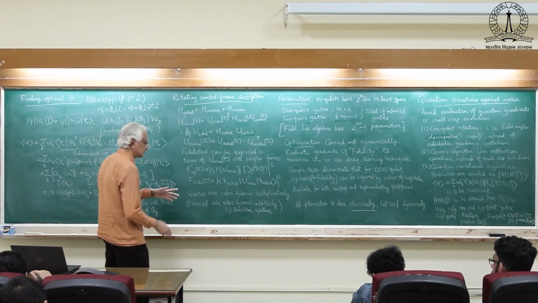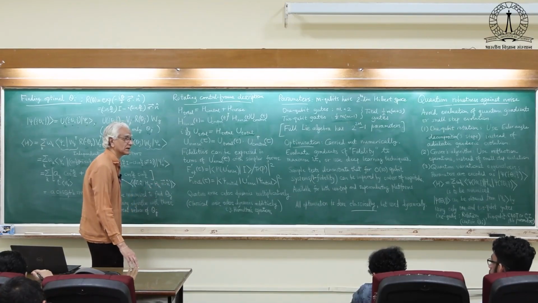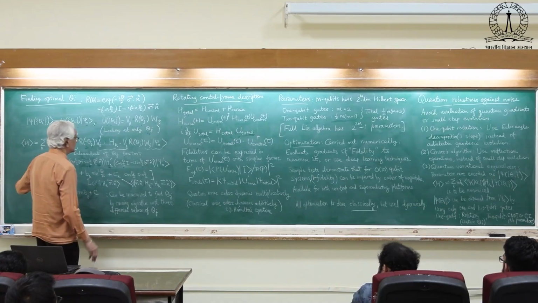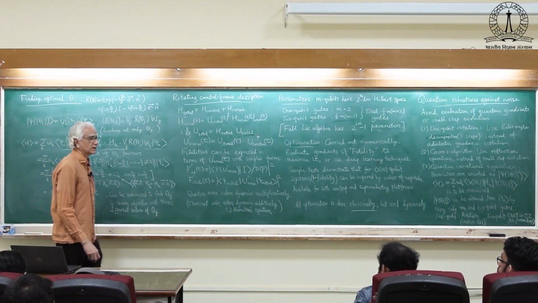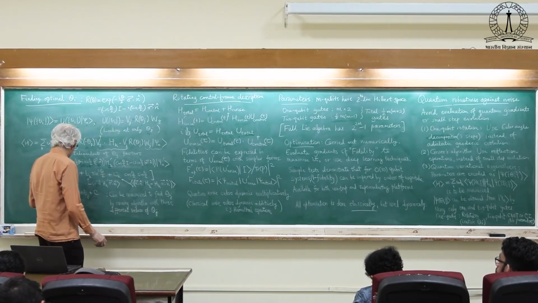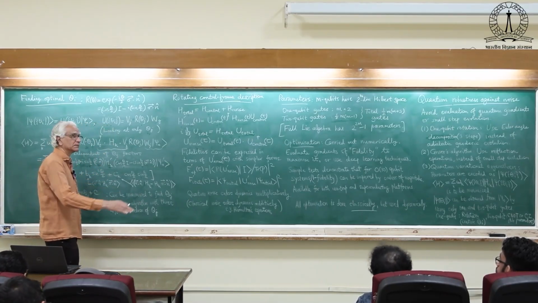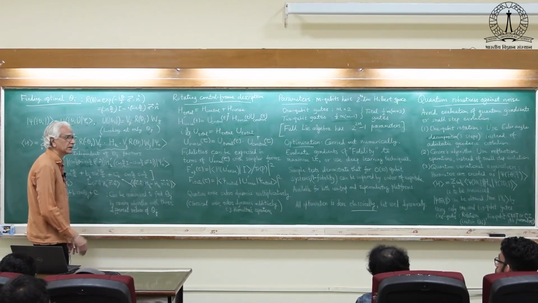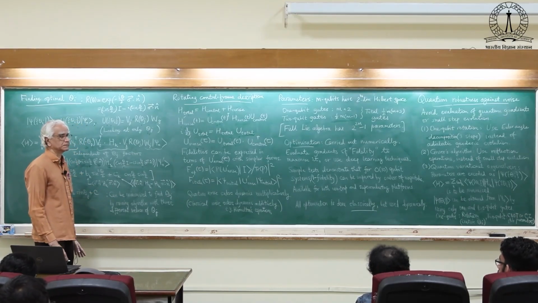So I choose 3 different values of theta j, evaluate this expectation value with the help of the variational algorithm and determine A, B, C. Then I have a function which is now completely known. I find the best value of theta j.